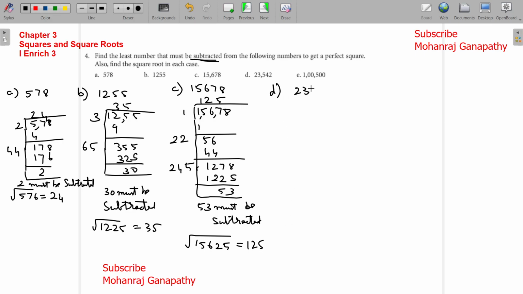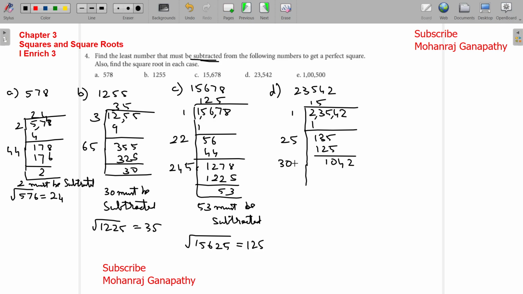D. 23542. 1 ones are 1. 135. 1 into 2 is 2. 6 times not possible. 5 times. 5 into 25, 125. 1042. 15 into 2 is 30. 4 times not possible. 3. 3 threes are 9. Remaining is 1239. 133.